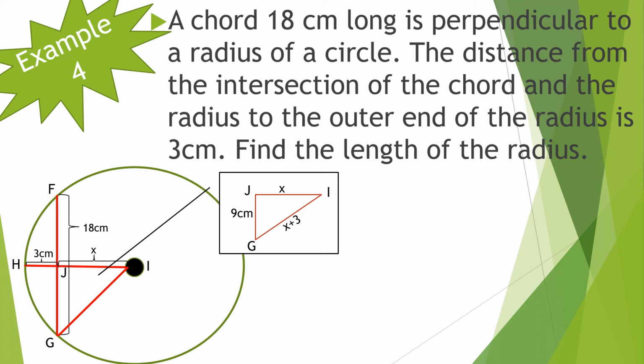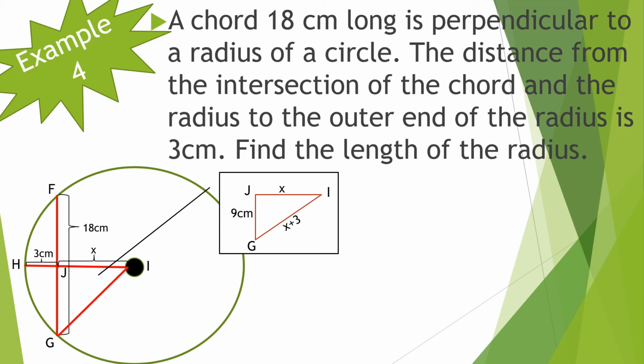JI we don't know, so we let it be X. Now here, what is GI? GI is X plus 3. That becomes the radius of the circle, right? Because we have HJ, which is 3, and JI, which is X. If we add those two, we have X plus 3. That becomes the radius, right?